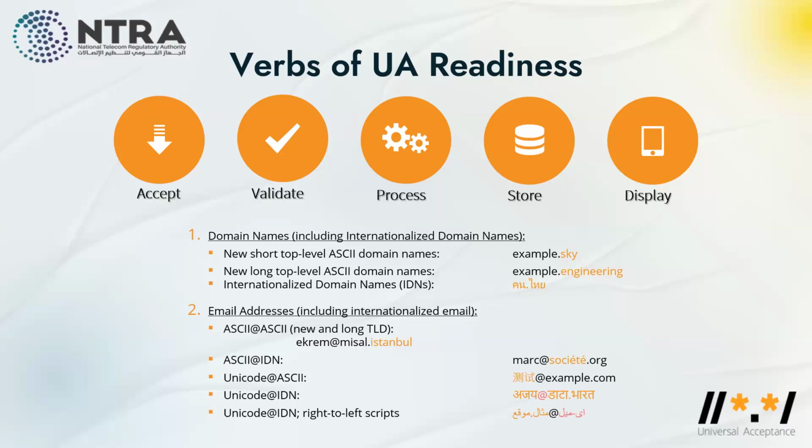Your manager will ask you to search by Unicode name or by ASCII name. If you are trying to search by Unicode name, you need to make the transformation from Unicode to ASCII compatible encoding, the A label. As I said before, the label for Unicode is called the U label.